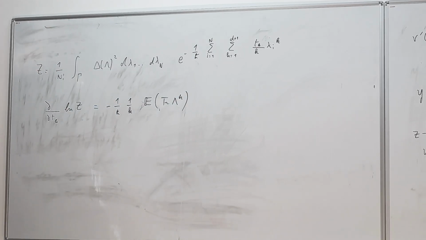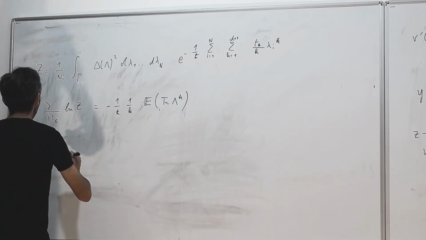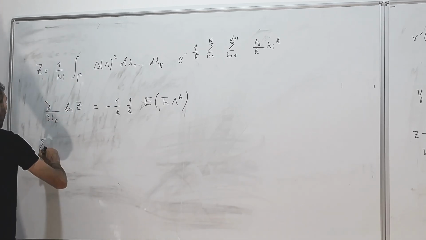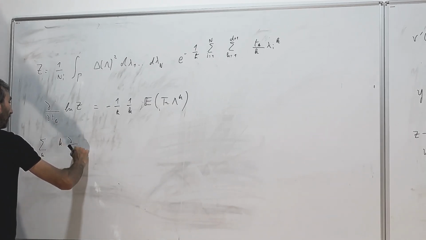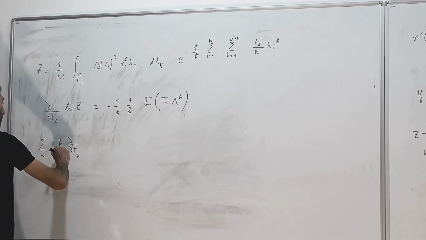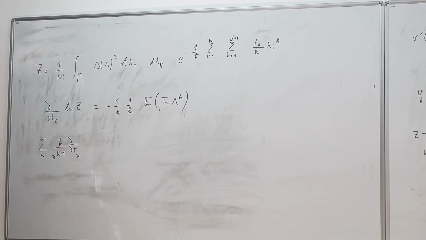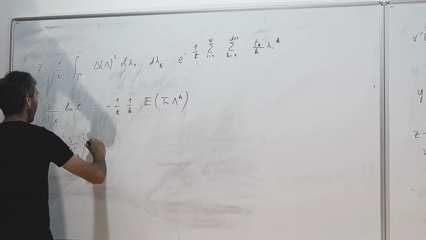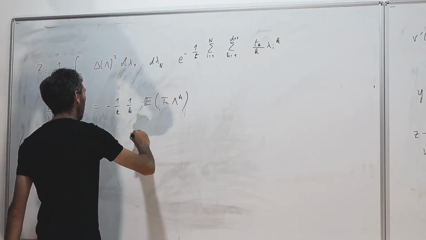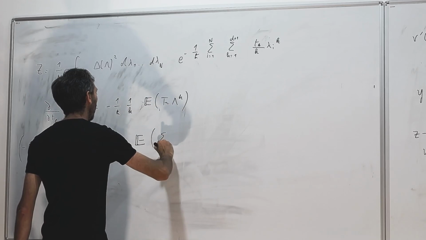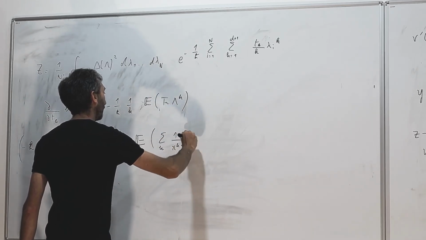If you take the sum over k of k times d over dtk and multiply by 1 over x to the k plus 1 and multiply by minus h bar, you take this operator and apply it to log Z. What you get is the expectation value of the sum over k of 1 over x to the k plus 1, trace of lambda k.